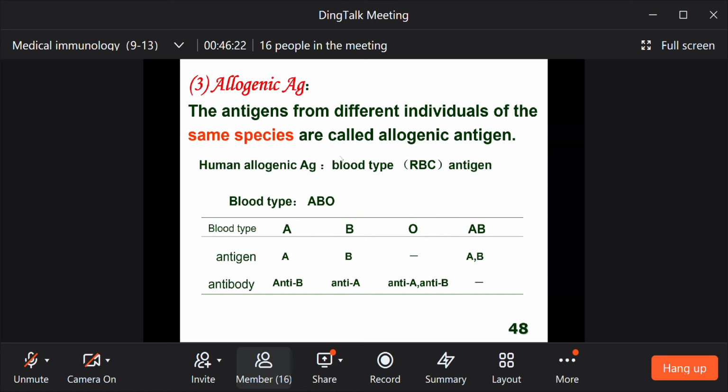Actually, the first person also has the antibody to B. Anti-B is an antibody against B type cells.